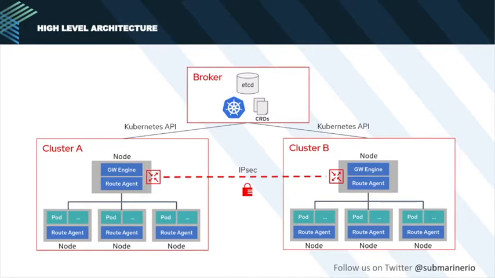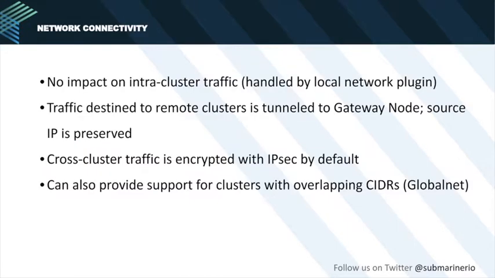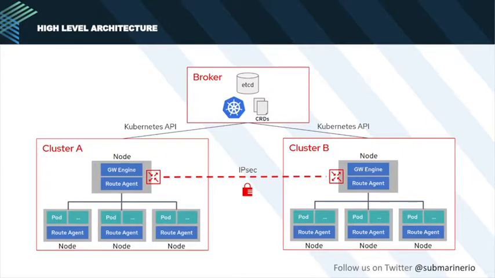So we have that central component, which is the broker. Actually, in this drawing, we have an independent broker, but it could be any of the existing clusters. If you will be having lots of clusters, ideally, it's better to have a cluster just for the broker. So about the network connectivity, okay.